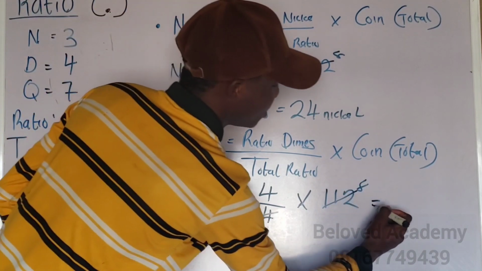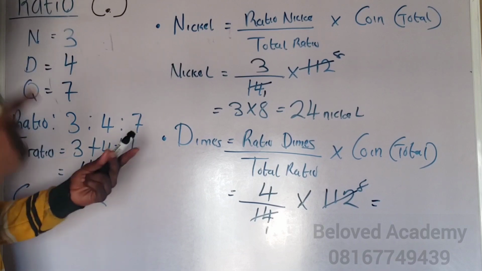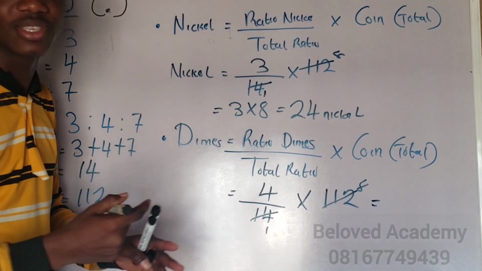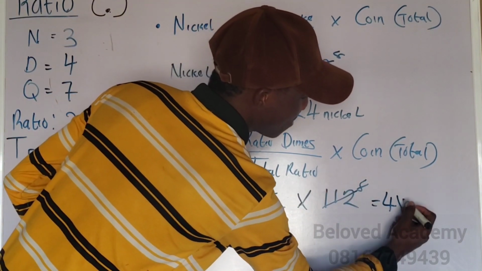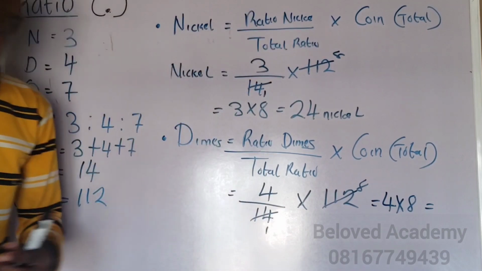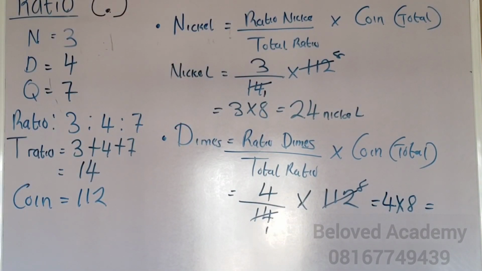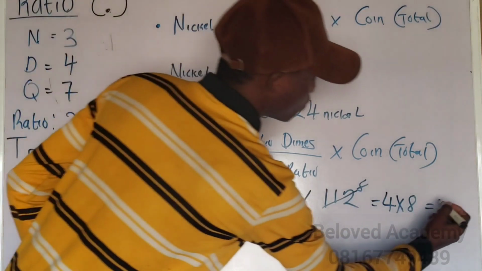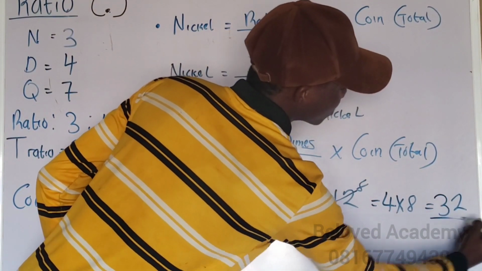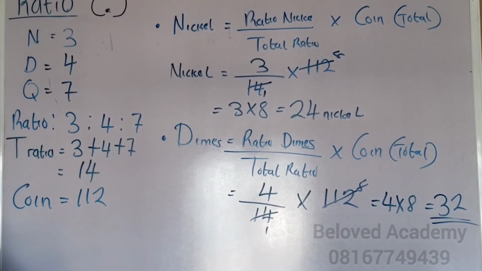So the total dime coins present in the jar is 4 multiplied by 8, that is 32. So the total number of dime coins present in the jar is 32.